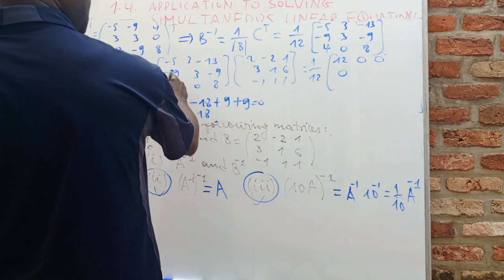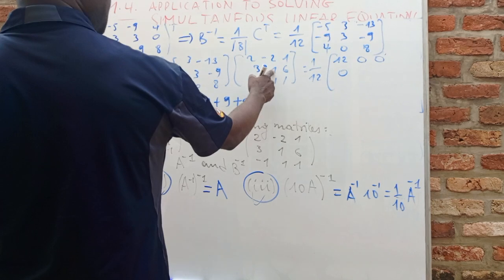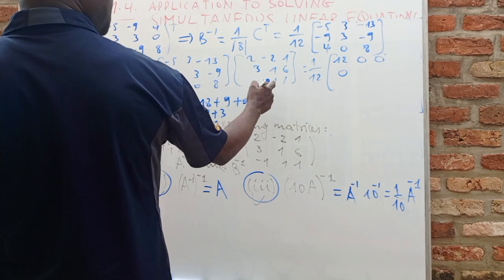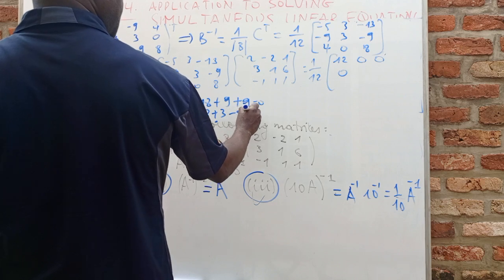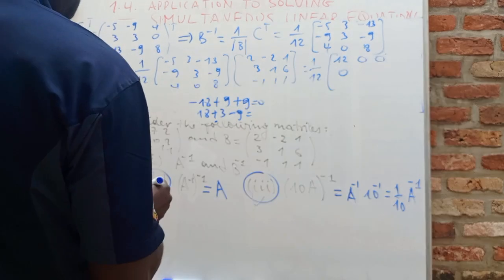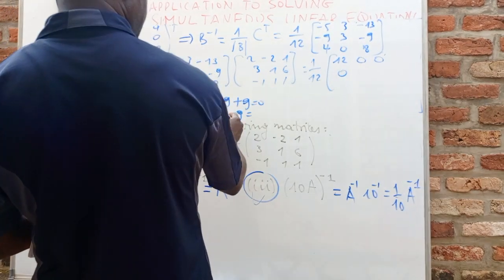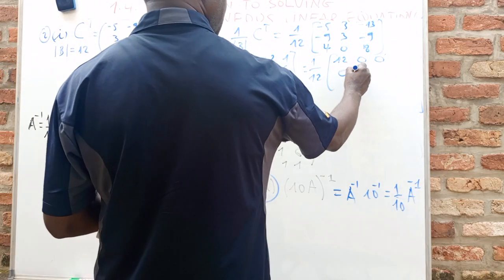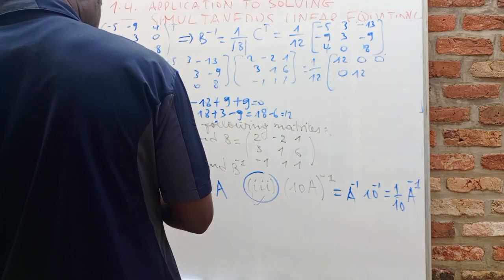Then 18 plus 3, then minus 9. It should be 12. So that is 18 minus 6. This is 12. That is correct.